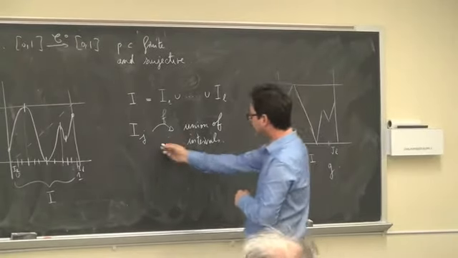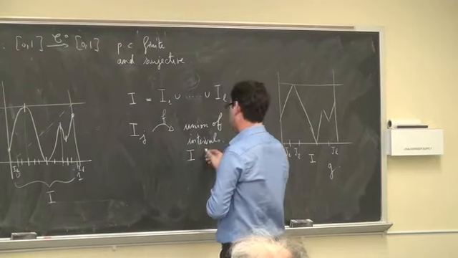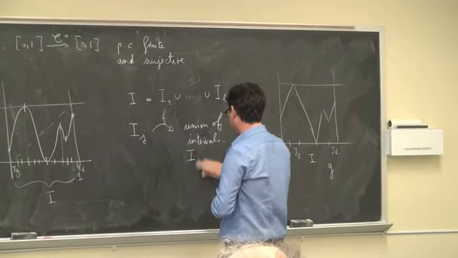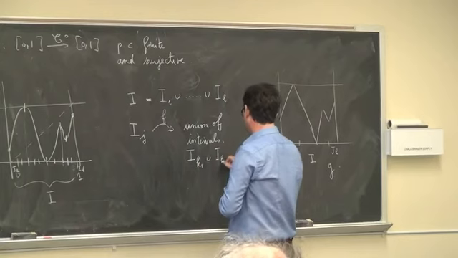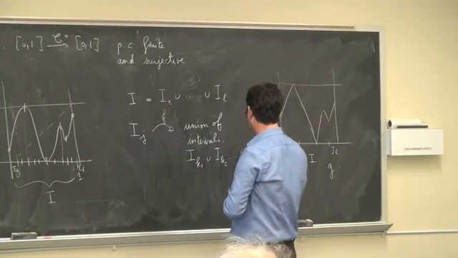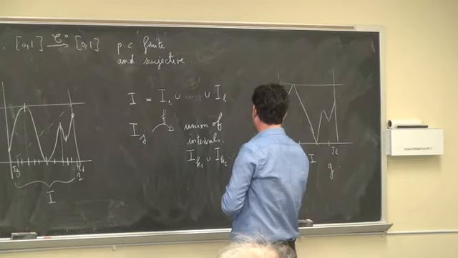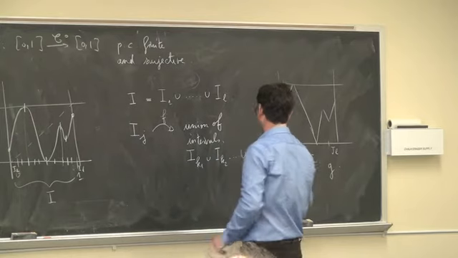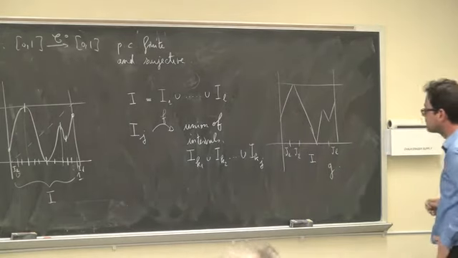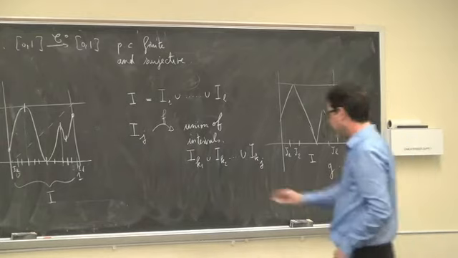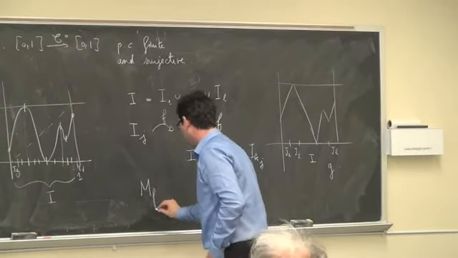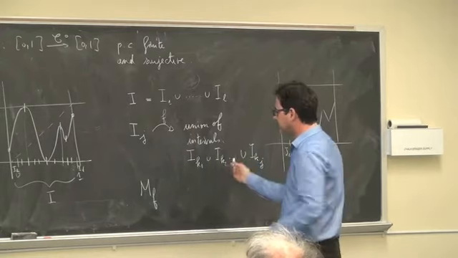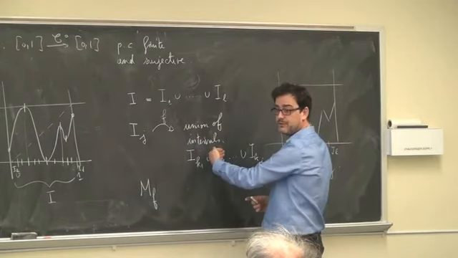So let's say 1, 2. And so now you can construct a matrix which is the incidence matrix for this relation.